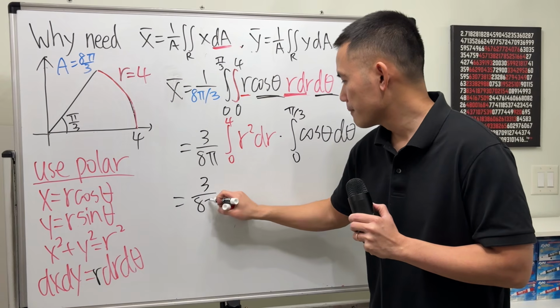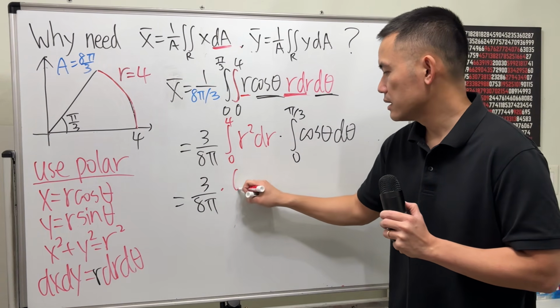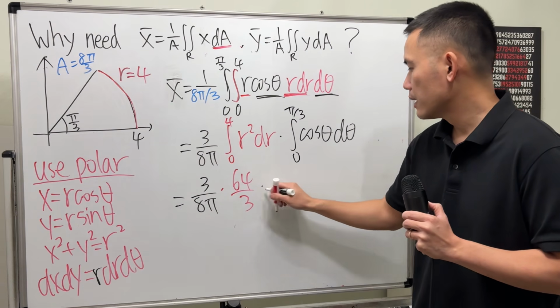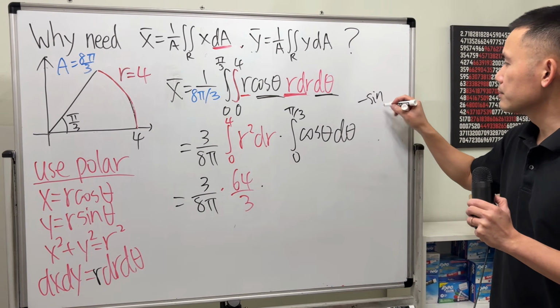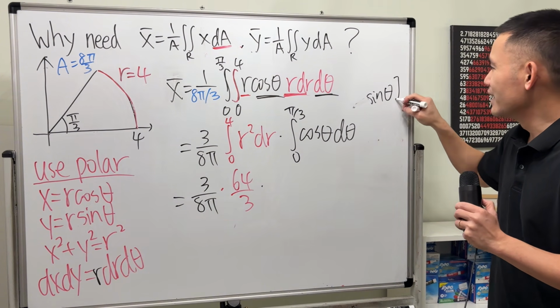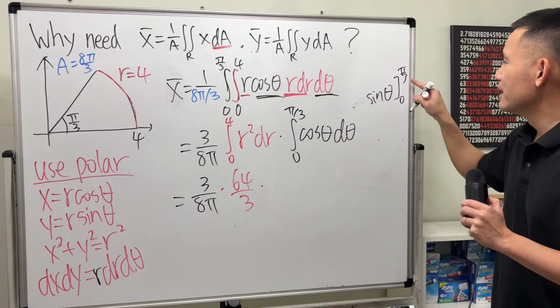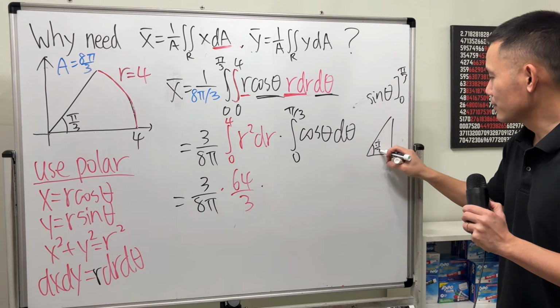3 over 8 pi. We get 1/3 r cubed. Plugging in 4, we get 64 over 3. Okay, integrate cosine theta, we get sine theta, and then we go from 0 to pi over 3. Pi over 3, okay, I draw the little triangle. I still have to do this sometimes.